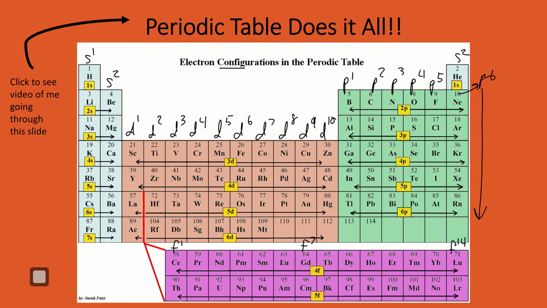What I'm trying to point out is that we're going to use the row number to figure out the principal energy level at the end of the configuration. Then we're going to use these column numbers I just wrote to figure out the ending part of the configuration.